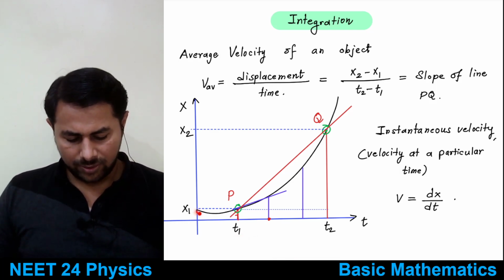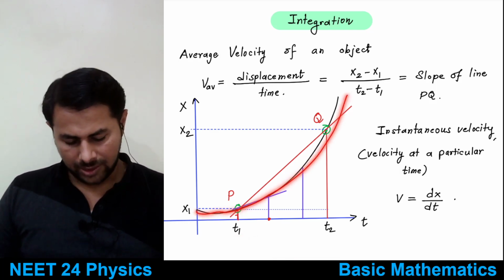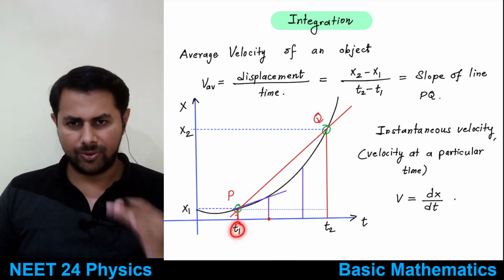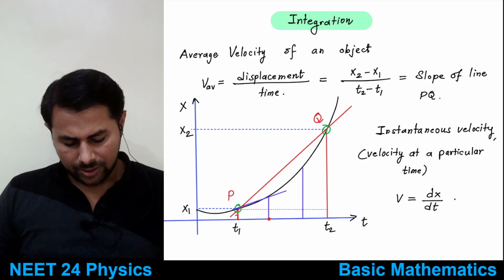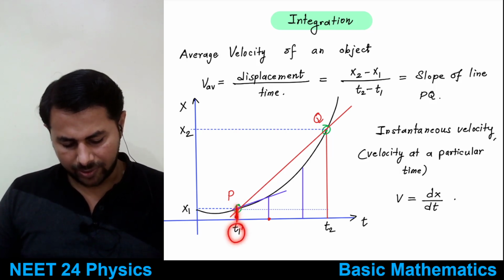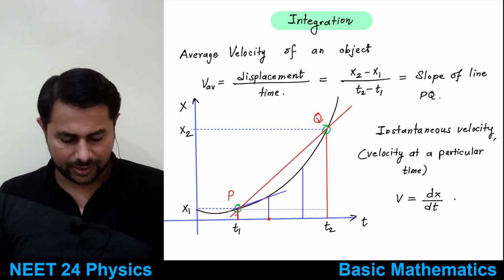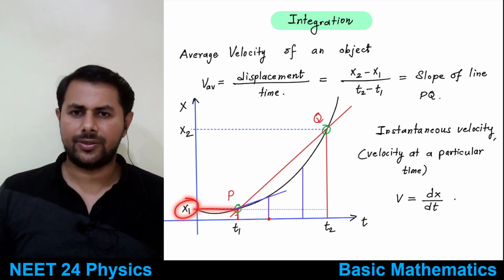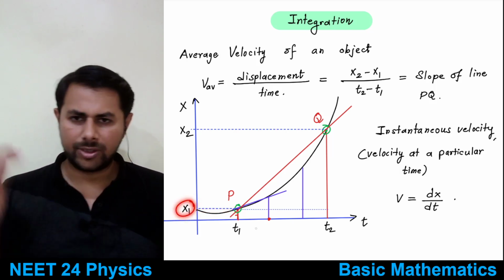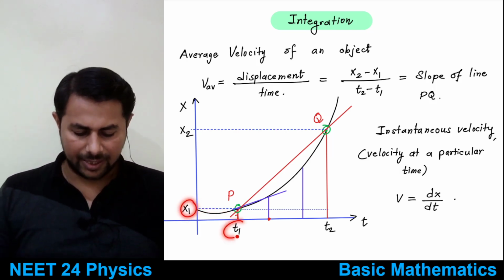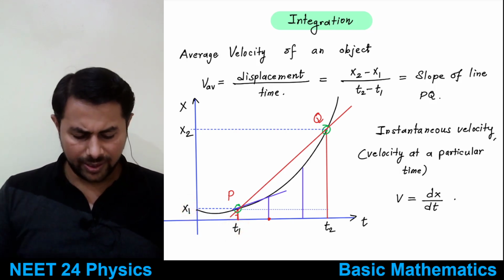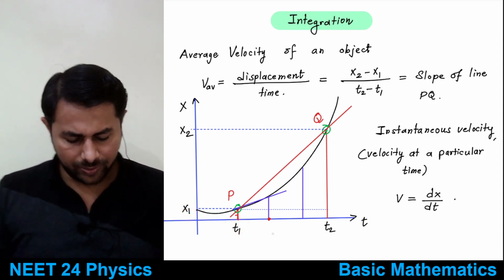If you see that on the graph, this is the point P. At time t1, if you want to find out my position, I will draw a perpendicular from t1 to the graph, it meets at this point, and from there I will draw a perpendicular on the position axis and locate my position. So I was at position x1 at time t1, then I go from t1 to t2.